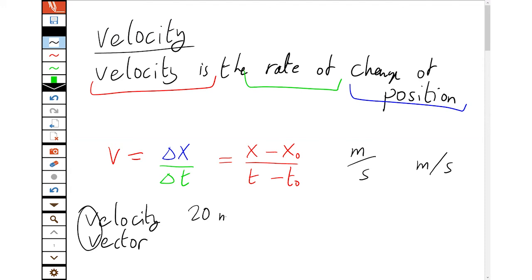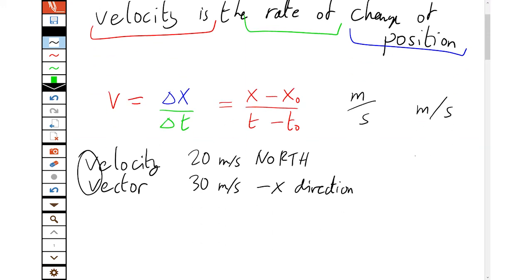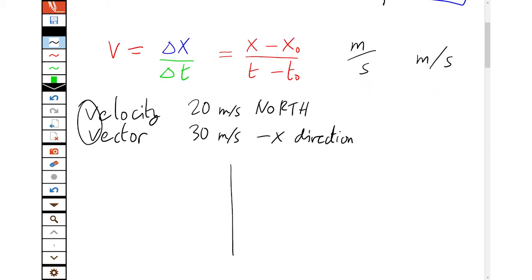So we might have 20 meters per second north, or we might have 30 meters per second in the minus x direction. The x and y axes give us directions a lot. Usually plus y is up, minus y is down, plus x is to the right, minus x is to the left. And we draw that to avoid any mistakes.